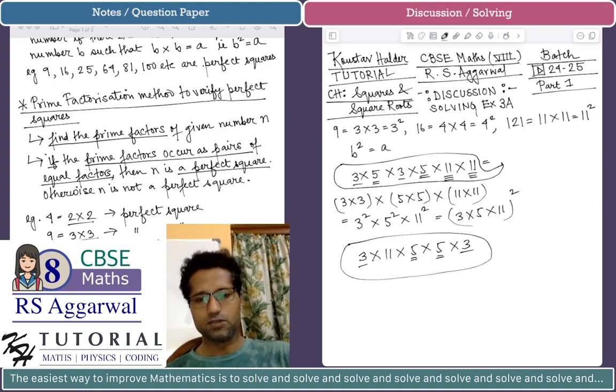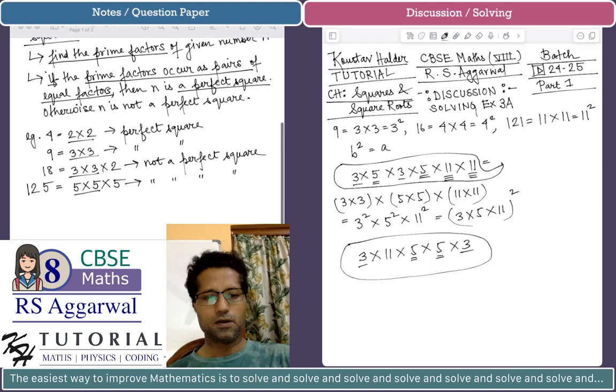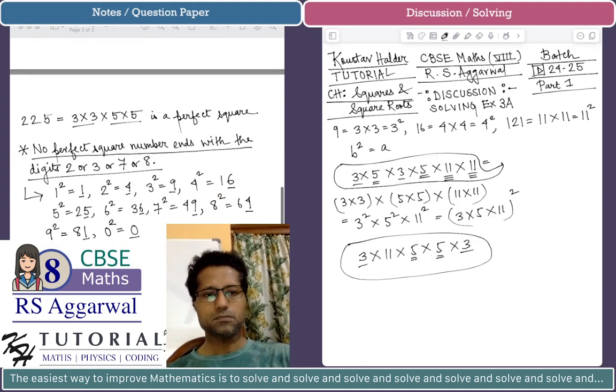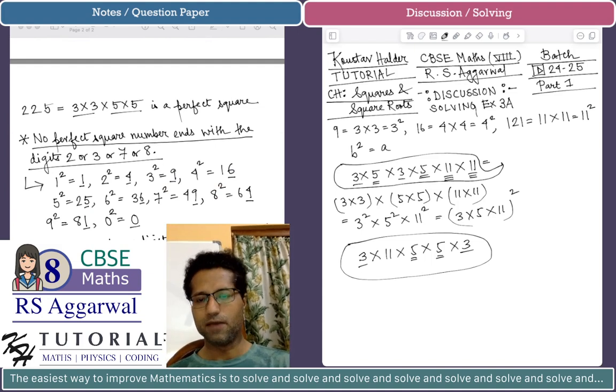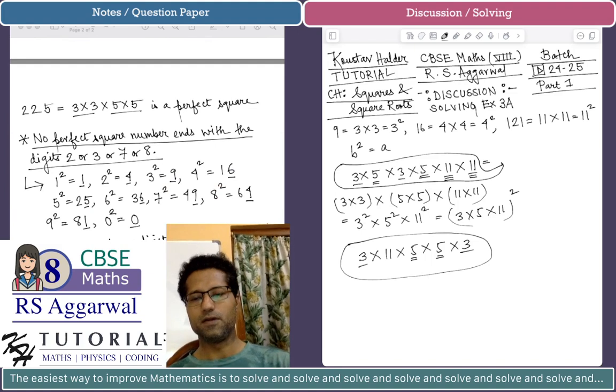Similarly, 125 is not a perfect square because its prime factors are 5 into 5 into 5, and we have a single pair, 5 into 5, and 5 is left behind. So it is not a perfect square. I hope you got the idea. So this is the prime factorization method to verify whether a given number is a perfect square or not.